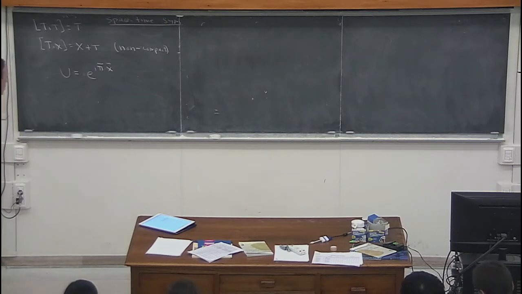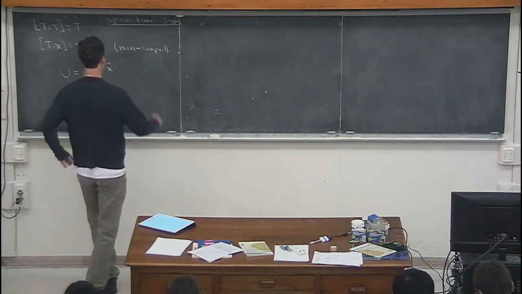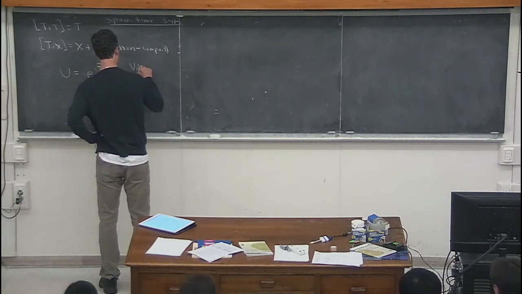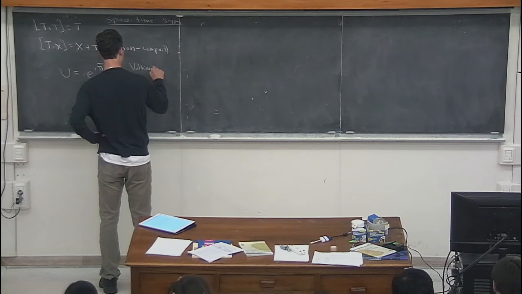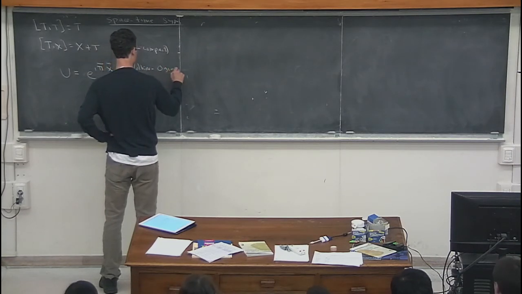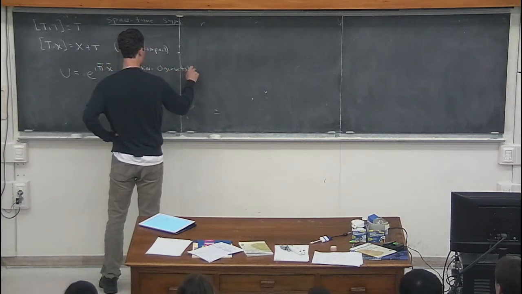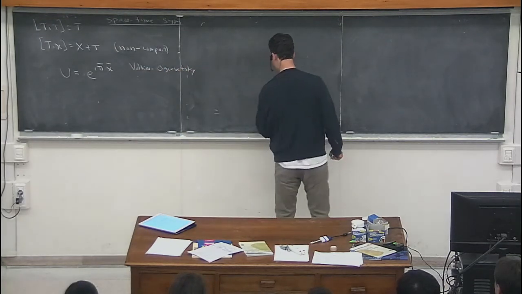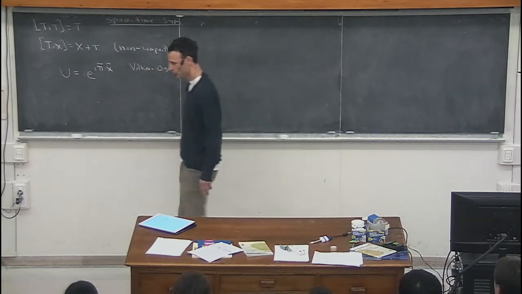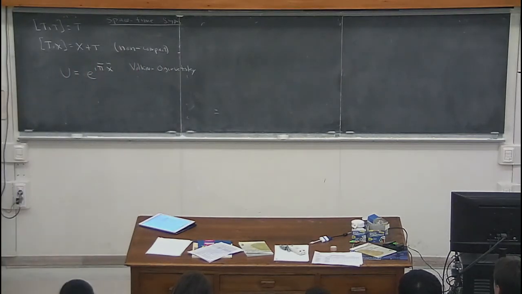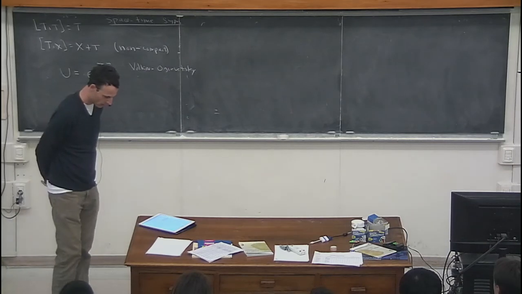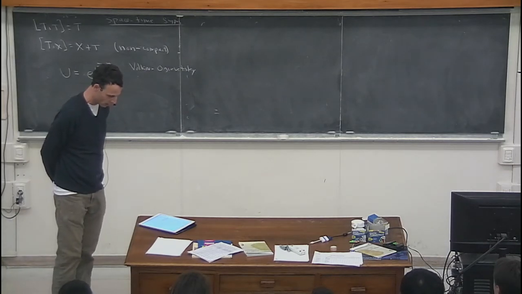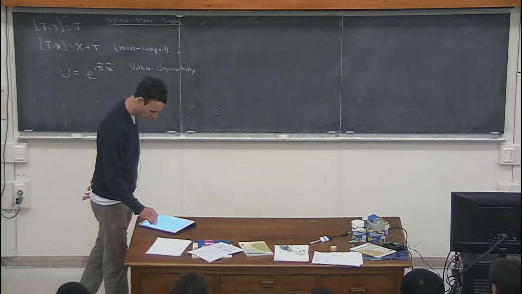The coset construction for spacetime symmetries was first written down in a set of papers by Volkov and Ogievetsky, two people you've probably never heard of. Well, maybe you've heard of Volkov because he was also the first one to really talk about supersymmetry. But this paper, in my opinion, is an underappreciated, important piece of science.